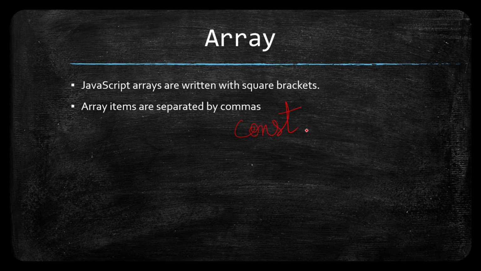Just remember that: const, and you can give the array any name, like const bikes. The brackets represent the array, and inside you write BMW and commas and other values and just close it, so this is your array. First value is 0, second is 1, third is 2.